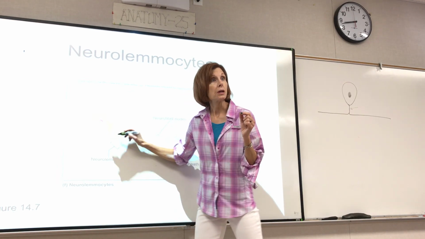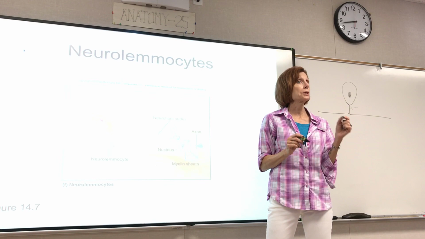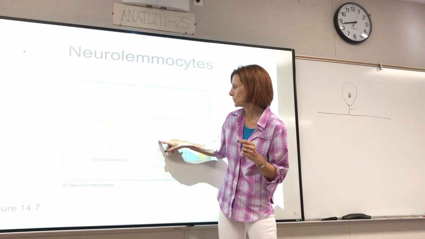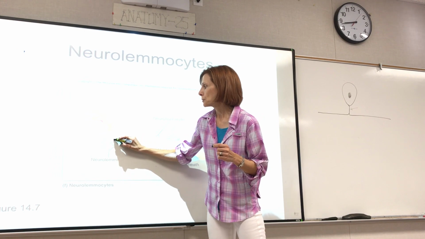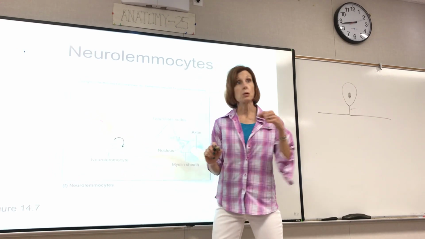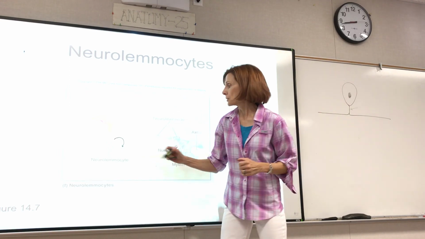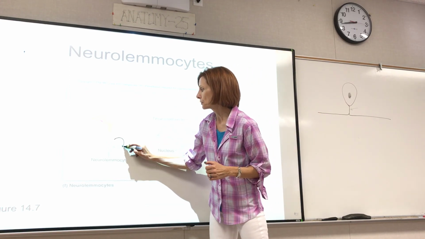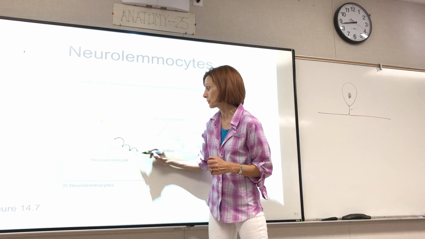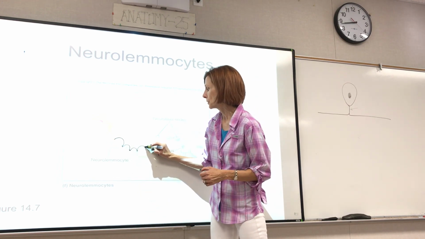Okay, so because the action potential can only be transmitted at these nodes of Ranvier, or neurofibril nodes, the action potential begins here, and then in a way it jumps to the next node of Ranvier. From there, it jumps to the next node, and from there to the next node.